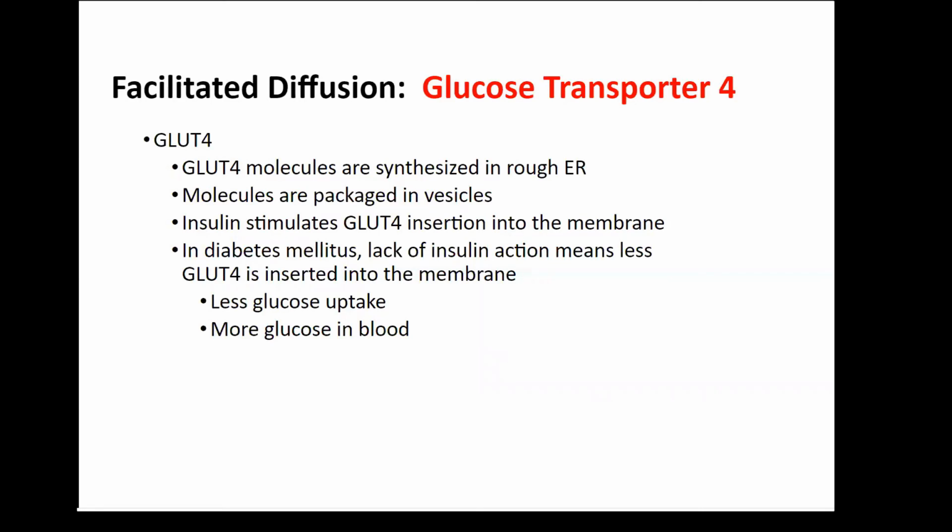Now, this works a little differently in diabetes. So in diabetes, specifically diabetes mellitus, where insulin isn't working, when we have a lack of insulin, this means we don't have that transporter inserted into the membrane. So we stay with a sort of low baseline level of this glucose transporter, which means that we can't get glucose into our cells, really, because that transporter, that carrier protein, it's full.